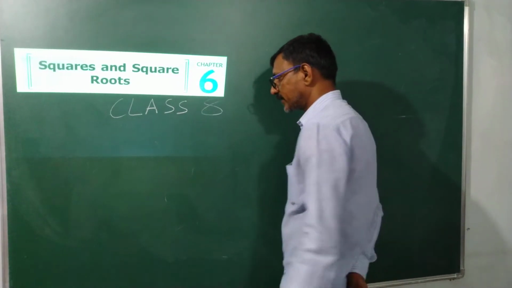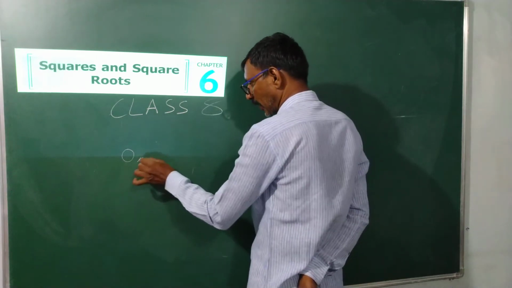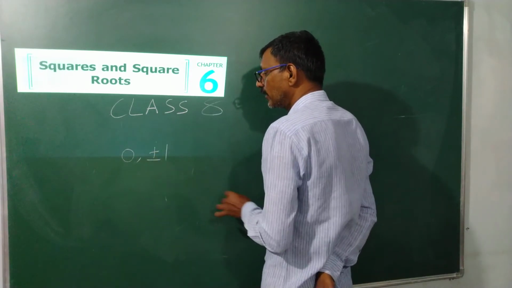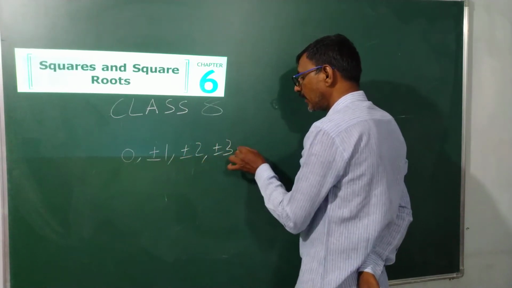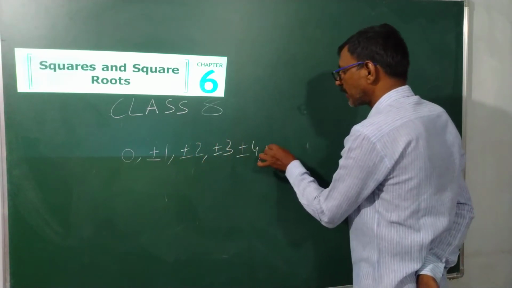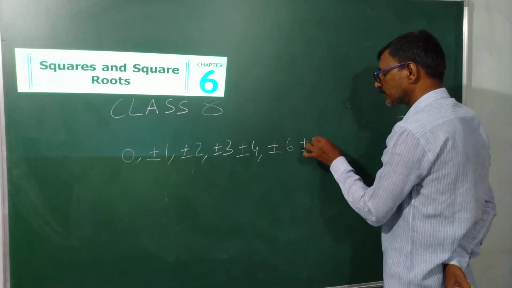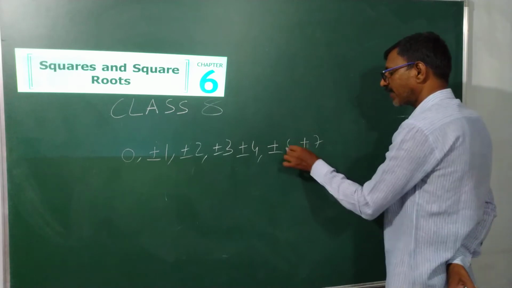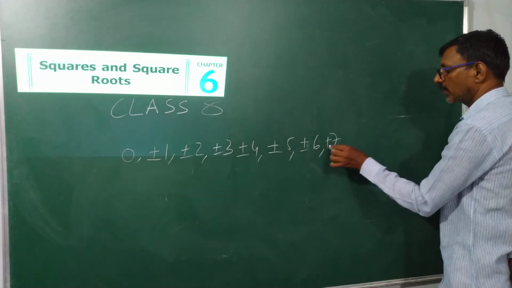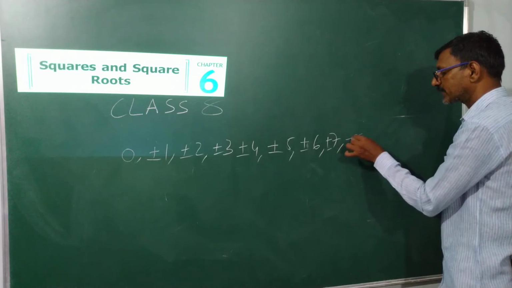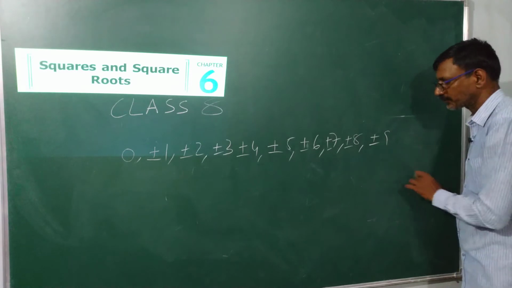We know that integers start with 0, plus or minus 1, plus or minus 2, plus or minus 3, plus or minus 4, 5 and 6, 7, plus or minus 8, plus or minus 9, and so on.